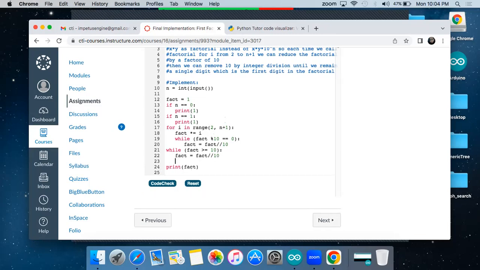So I could write another if statement, n is equal to 0 and 2.